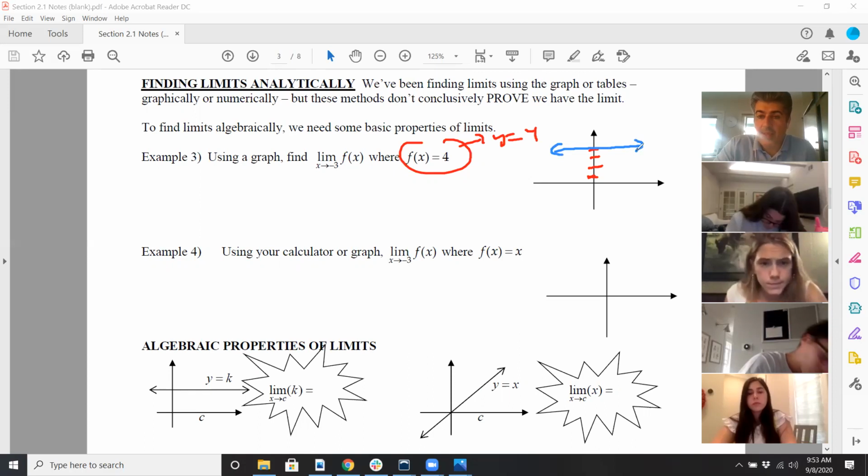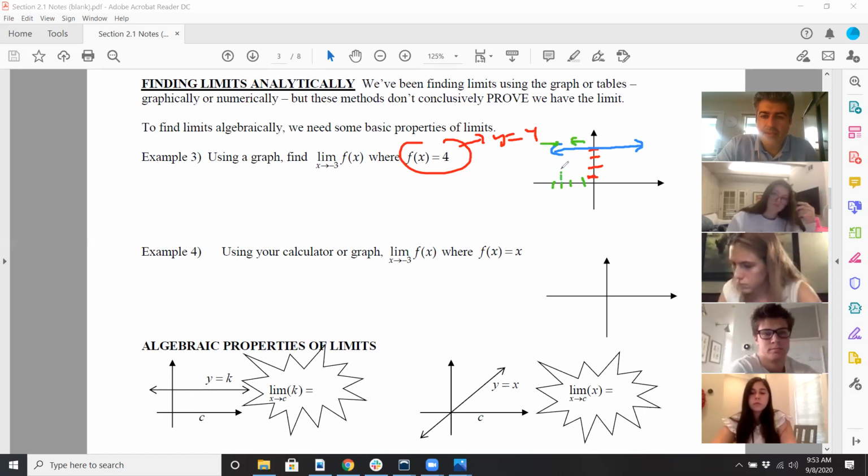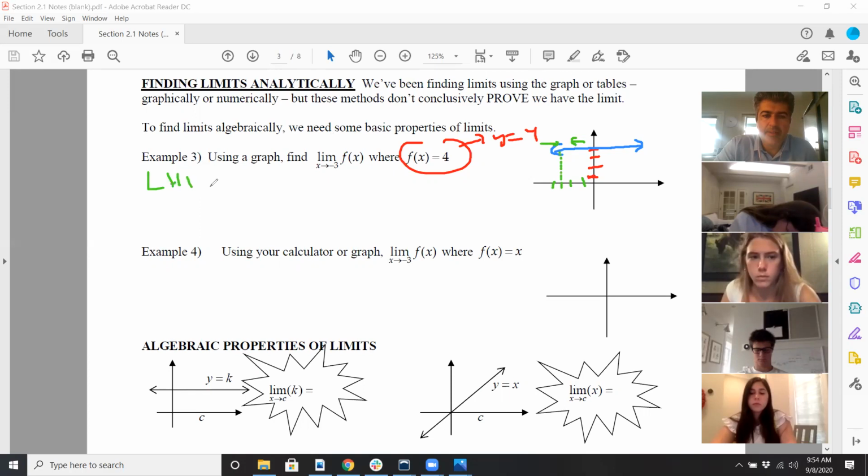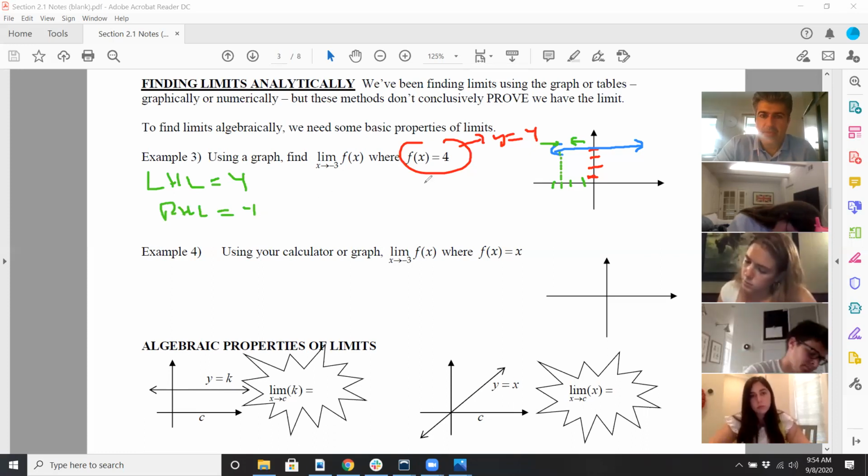So, of course, as x approaches -3, going from the left or from the right, it's still going to equal 4. So my left-hand limit is equal to 4. My right-hand limit is going to equal 4. So, yeah, the answer is just 4.